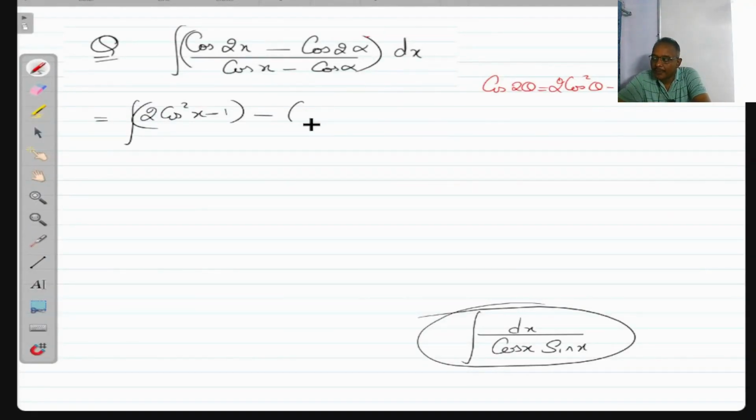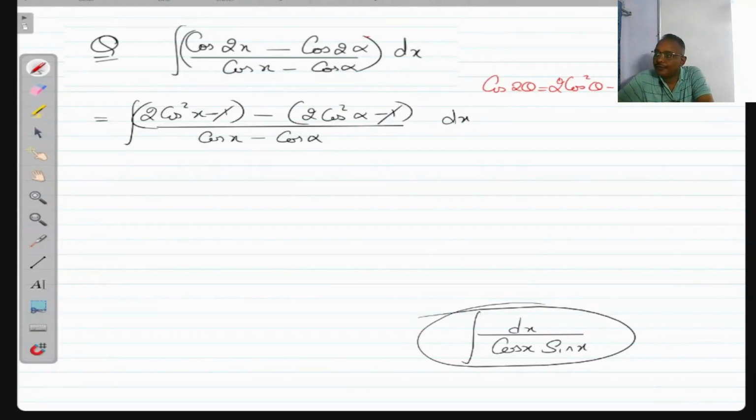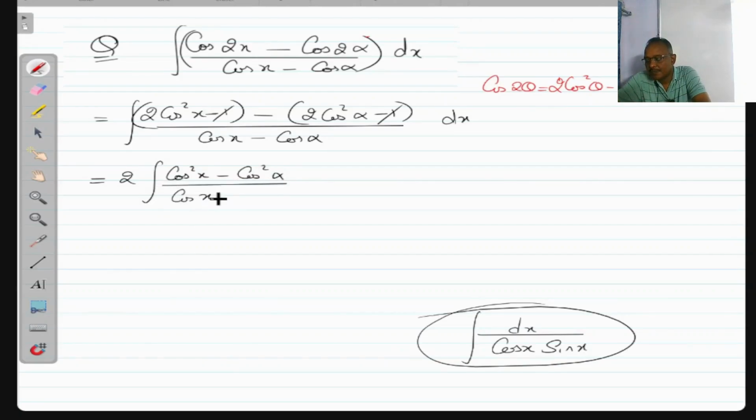Cos 2 alpha can be written as 2 cos square alpha minus 1, and the denominator has cos x minus cos alpha. Minus 1 plus 1 cancels off. A 2 comes out as common, and you have cos square x minus cos square alpha upon cos x minus cos alpha.